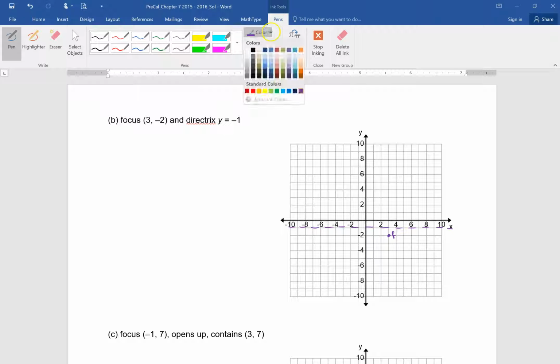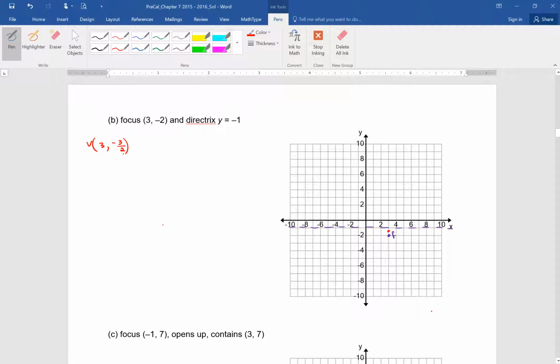So the vertex is going to be here. How do I figure out where that vertex is? The x coordinate of the vertex is going to be 3. And the y coordinate? If this is -1, I go down a half, so it's -1.5, or -3/2.